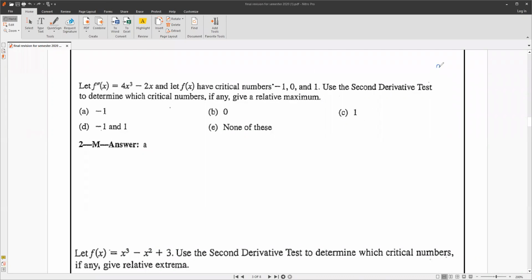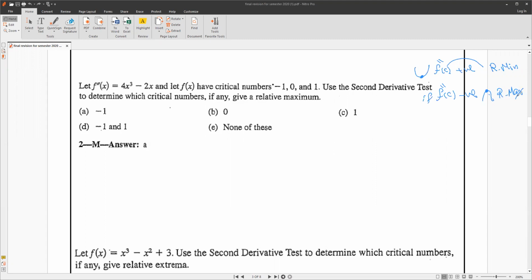If the second derivative at a critical number is positive, the curve is concave upward, so it will be a relative minimum. If the second derivative at the critical number is negative, the curve is concave downward, so we have a relative maximum.